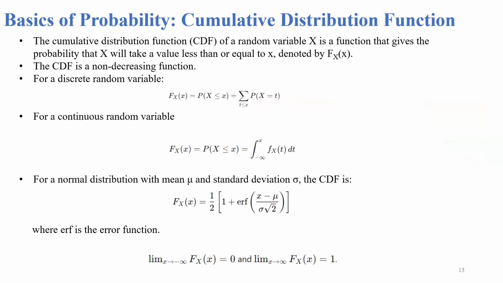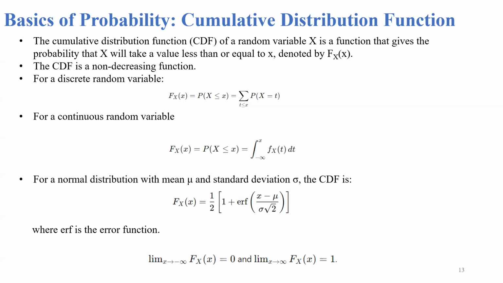For a discrete variable, it's denoted by the sum of P of X equals t, where t is less than x. So if you are plotting a curve, for all the values from 0 to that value, you just sum it up. For a continuous variable, it's represented as an integral instead of a sum. That's all the difference.